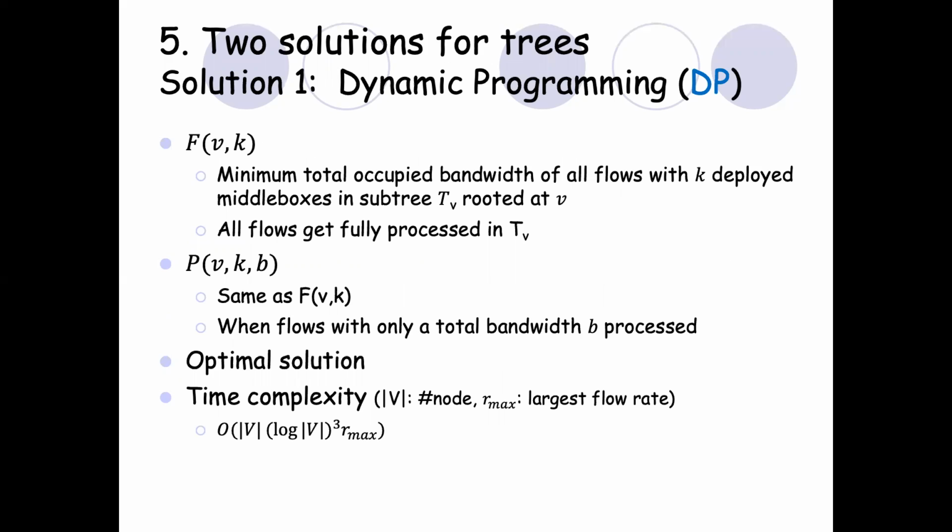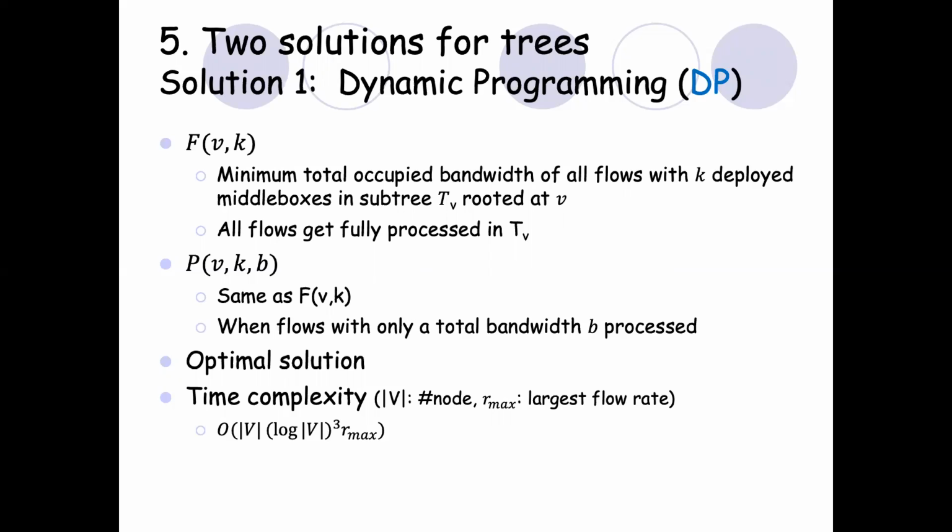And we define two values, F(V, K). It means the minimum total occupied bandwidth of all flows with K deployed middleboxes in the subtree T rooted at V when all the flows have been fully processed. And another value is P(V, K, B).